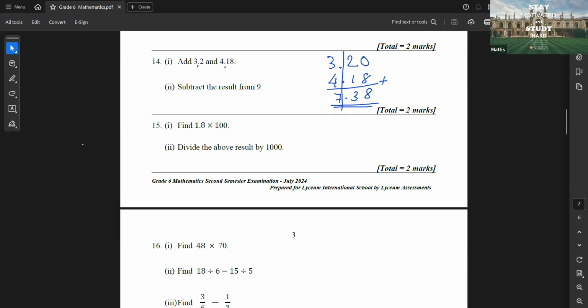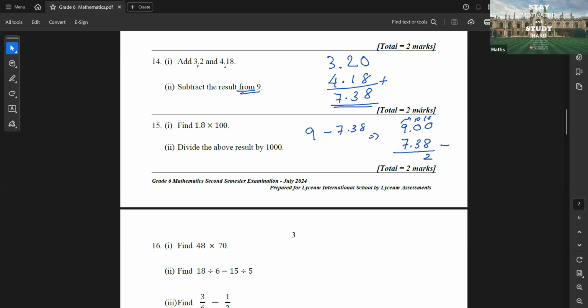Then it asks you to subtract the result from 9. So 9 minus 7.38. I write it this way: whole number 9.00, minus 7.38. From 0 you can't subtract, and here also 0. You borrow 1, which becomes 10. 10 minus 8 is 2.